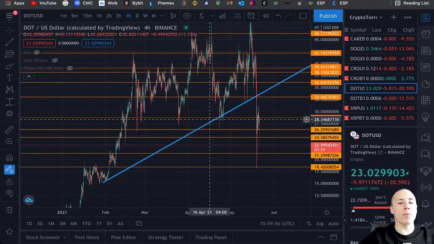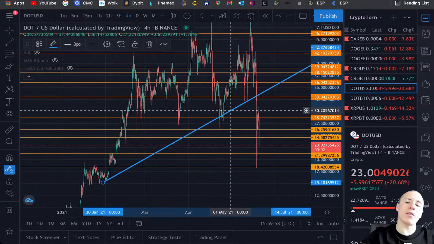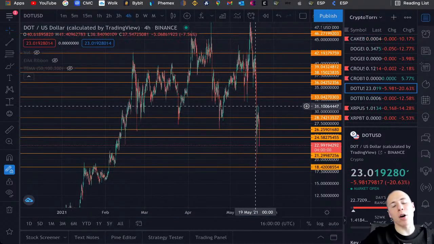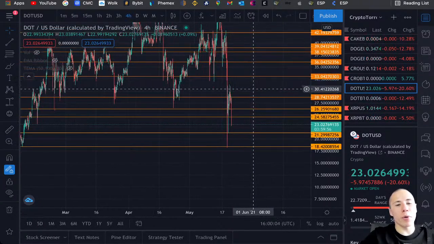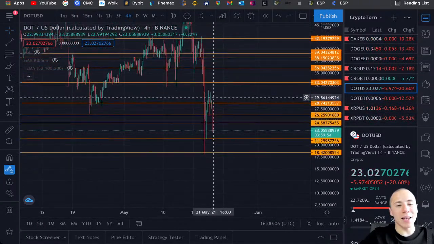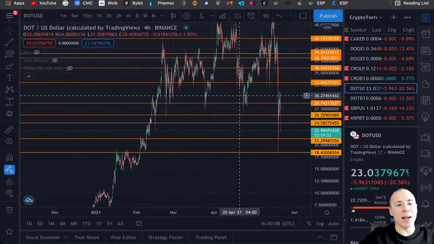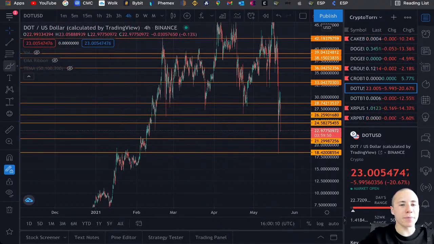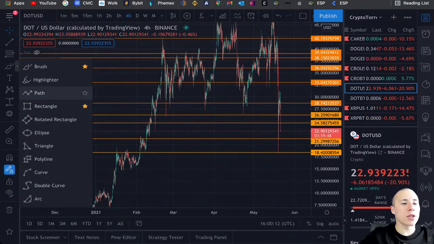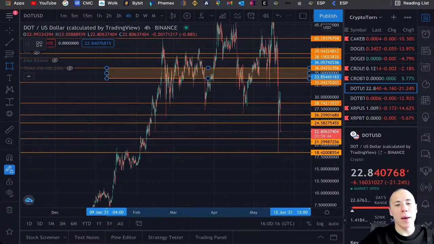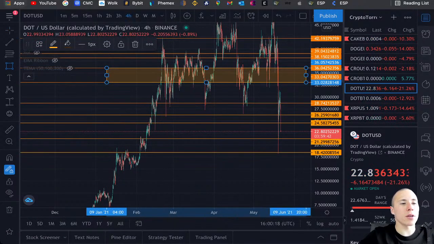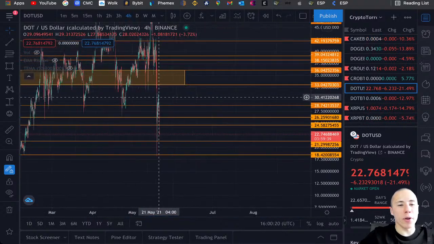And I will be removing this line as well, because I don't think it is of any significance anymore, especially because right now I'm personally waiting for Polkadot to break above this level where we are currently trading, and I will be placing a box just to show you where I personally think that we will be finding major resistance, and that is over here.